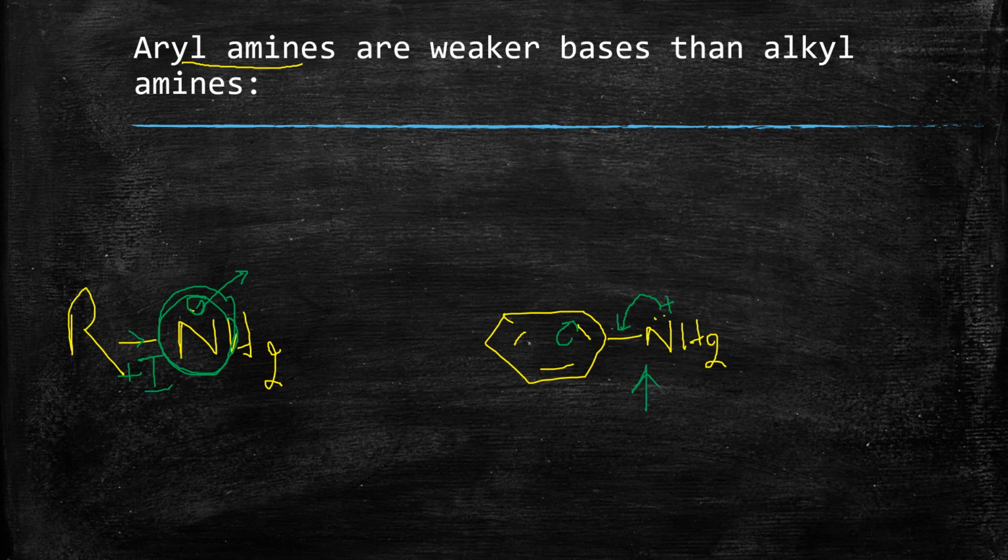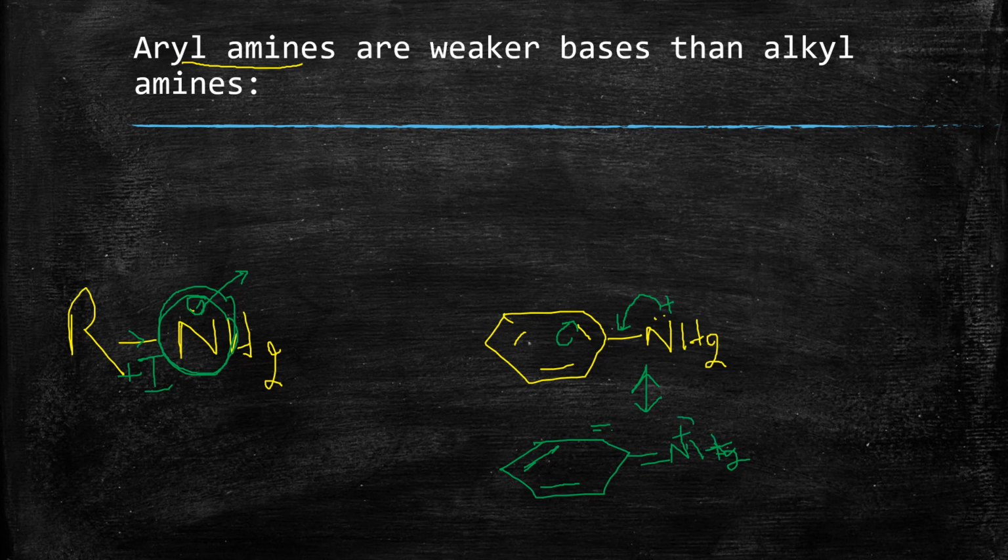If we draw the second one, we can draw it like this. Fine. Here a negative charge, here a double bond, here NH2 is already present. Fine, a plus charge is created on this nitrogen.